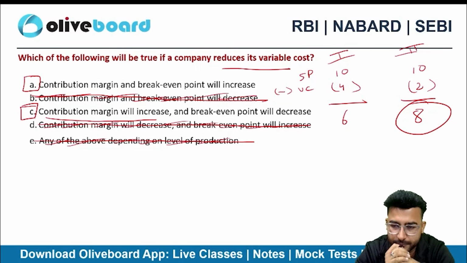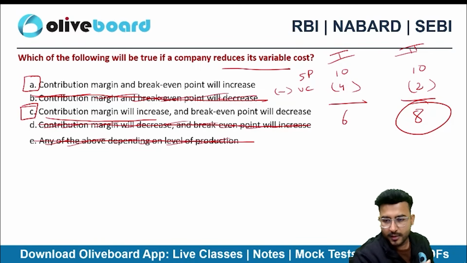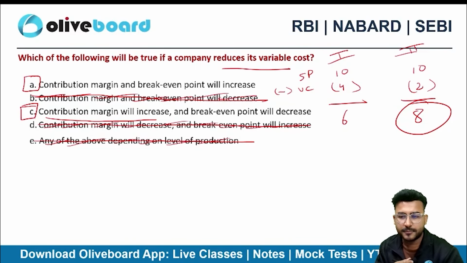Option A and C. So Nidhi, Abdul, John, Vaishali are going with option C. Ashu is going with option A, okay.